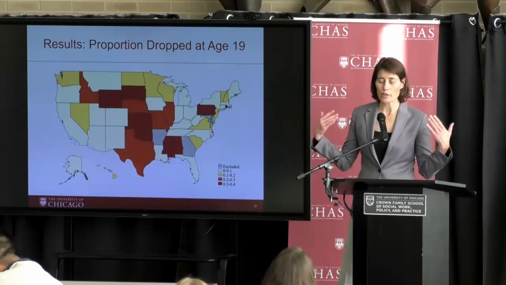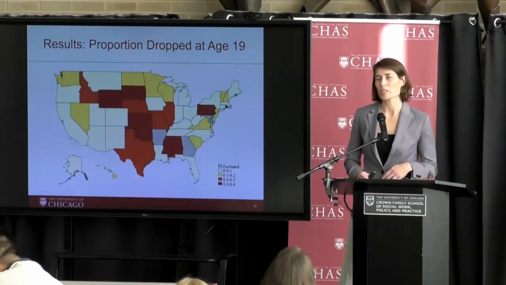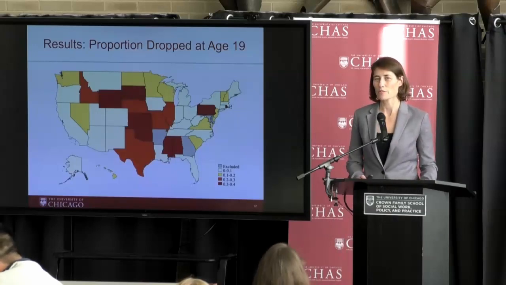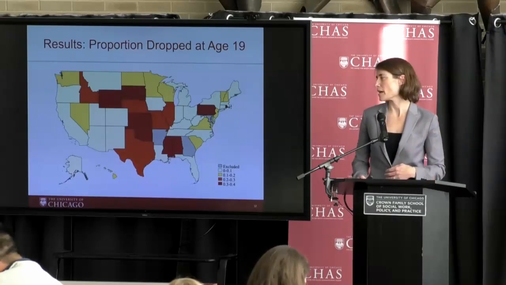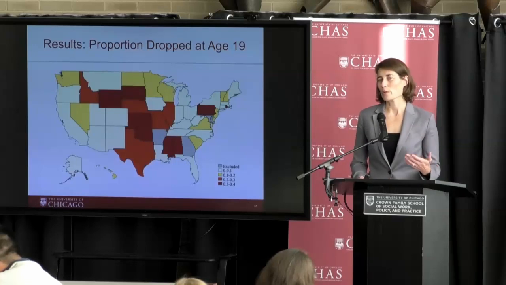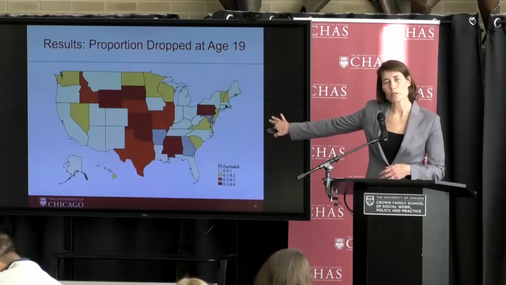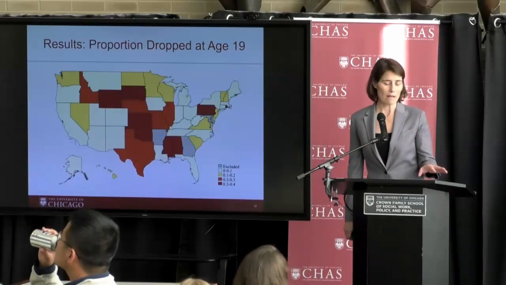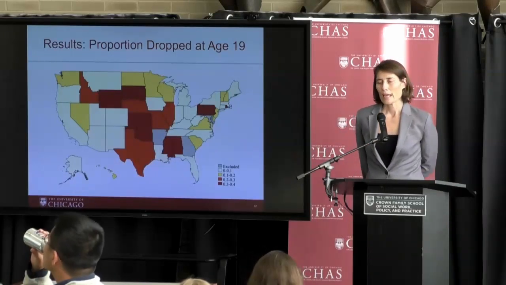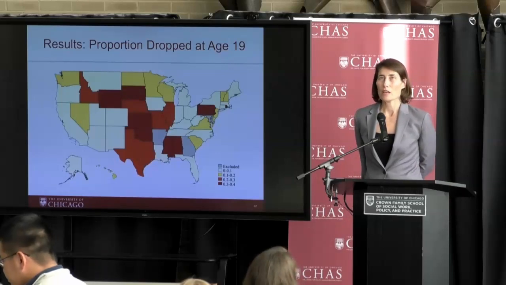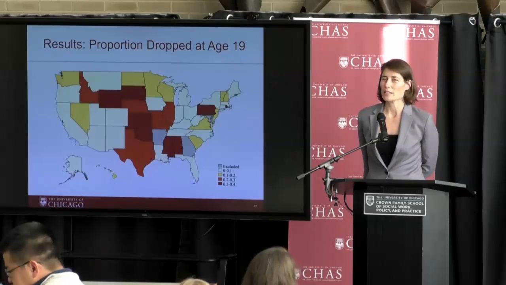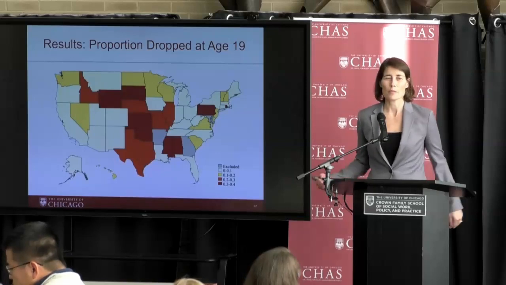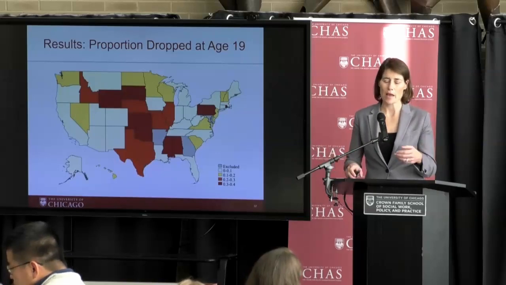Whoever this is, I think I have my contact information on this, so feel free to contact me if you have specifics. But we were able to use a lot more states than most studies using these data, which I think is a big plus for this study. And yes, Medicaid enrollment has a lot of churn, so we did have to impose the 11 months, but a lot of studies do that.